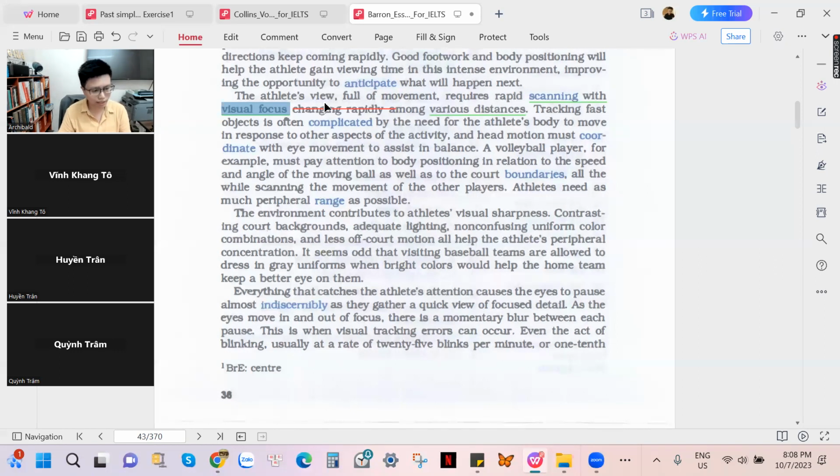Đây là cách suy nghĩ của một người vận động viên, cách suy nghĩ của một người vận động viên cực kỳ thú vị, full of movement, hoặc là dịch đúng nghĩa là có rất là nhiều biến động. Full of movement là nhiều biến chuyển, nhiều sự dịch chuyển, nhìn này nhìn nọ, trái phải tùm lum thứ hết.